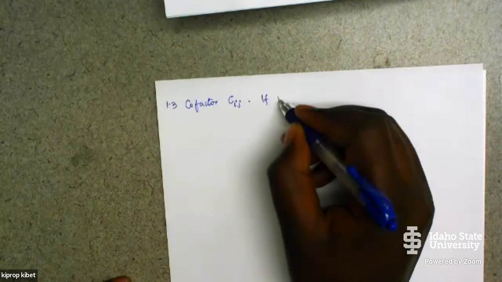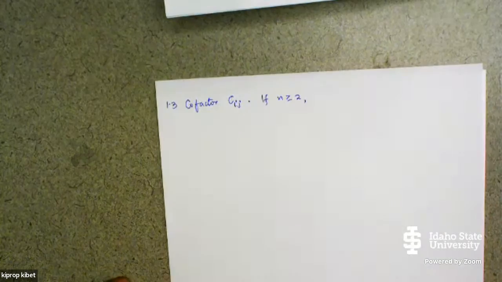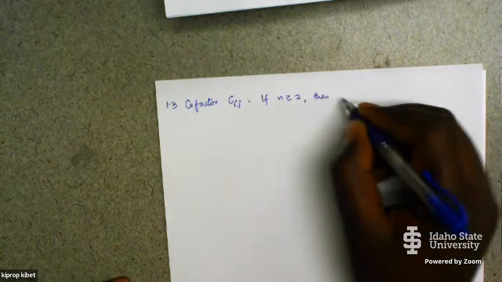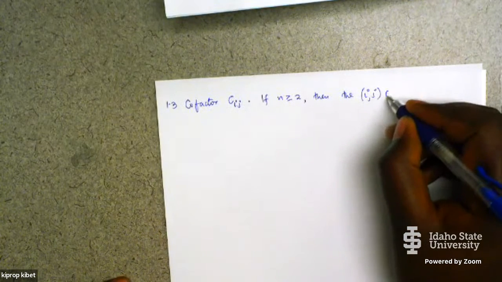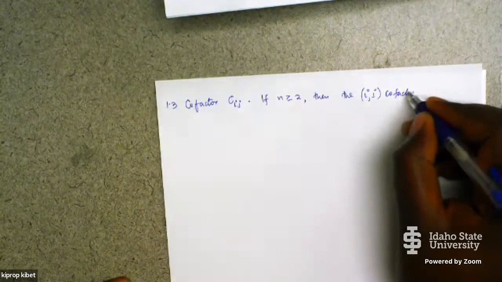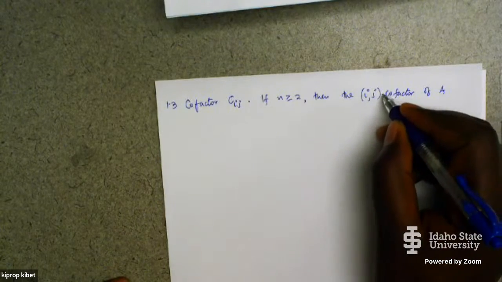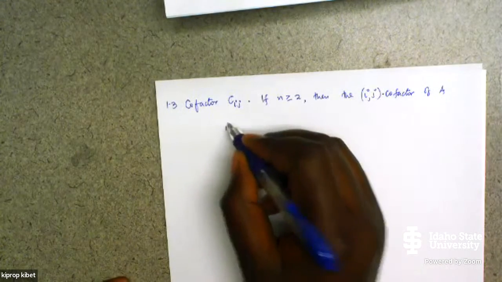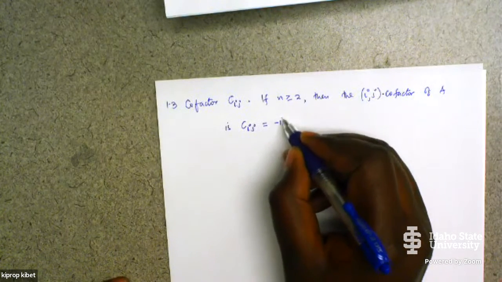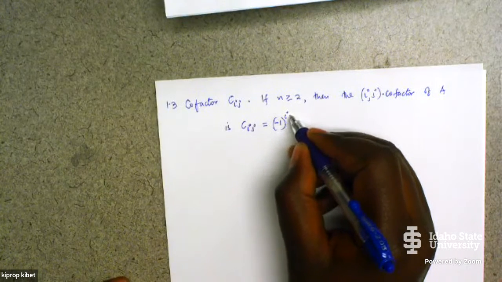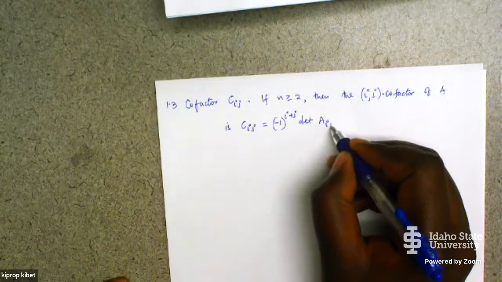Now, if n is greater than or equal to 2, then the ij cofactor of A is Cij, and this is equal to (-1)^(i+j) times the determinant of Aij.